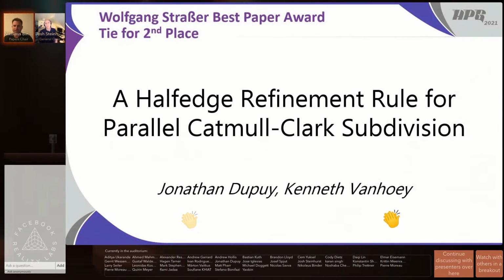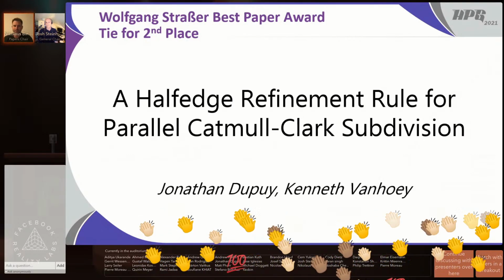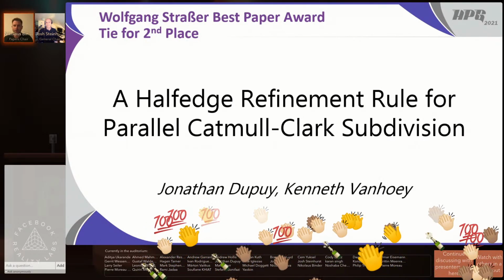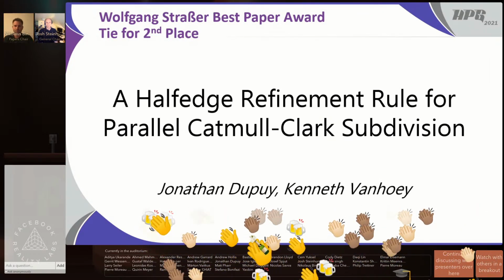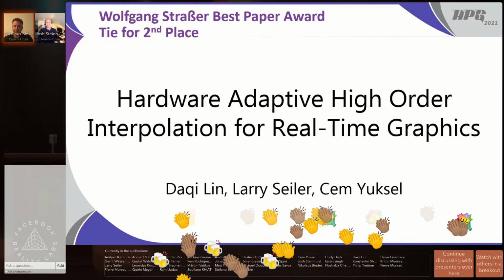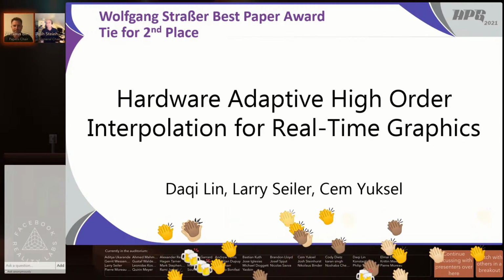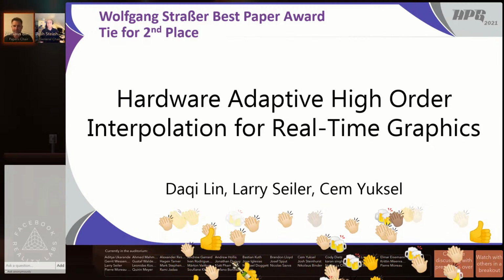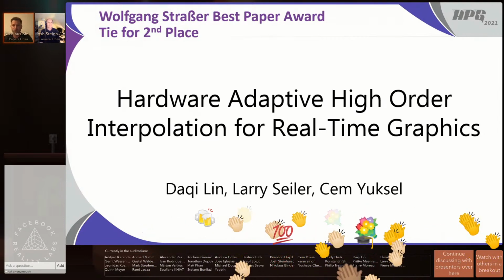Runners-up on the shared second place, we have a half-edge refinement rule for parallel Catmull-Clark subdivision by Jonathan Dupuy and Kenneth van Hoyt. Congratulations. Also on the second place, we have hardware adaptive high-order interpolation for real-time graphics by Daki Lin, Larry Seiler, and Chen. Congratulations. Let's give them 2 rounds of applause.